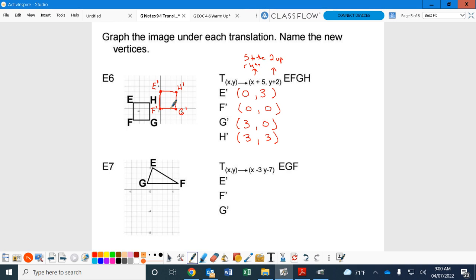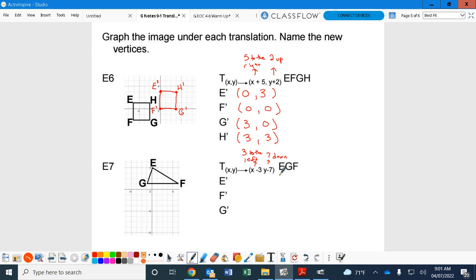Okay. Same thing on the next one. Tell me what I'm going to move. If it says x minus 3, I've got to move 3 to the what? Left. 3 to the left. And then since it says minus 7, I've got to move 7 up or down. Yeah, 7 down is correct.